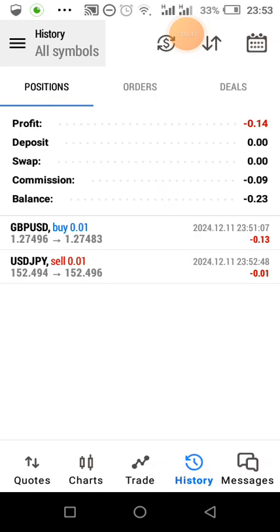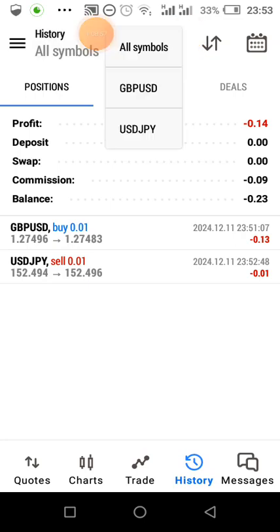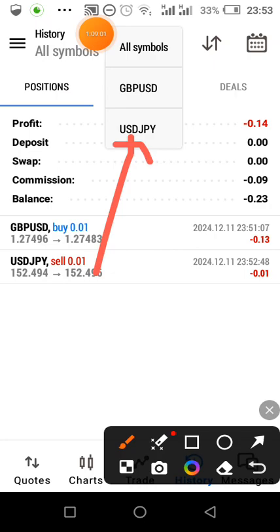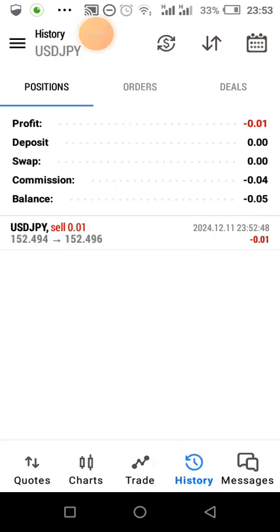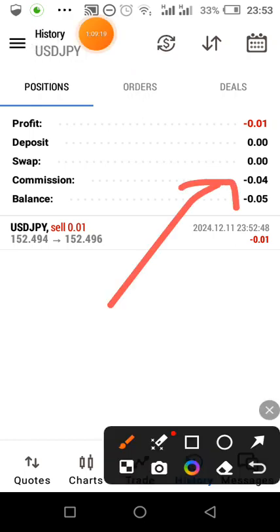But in case you have opened many trades in testing those commissions, you can select to see only one particular instrument. So if I select USD JPY, it will only show me the costs, profits or losses associated with that instrument. I can then see even the commission cost. There is just 4 cents, as you can see there.